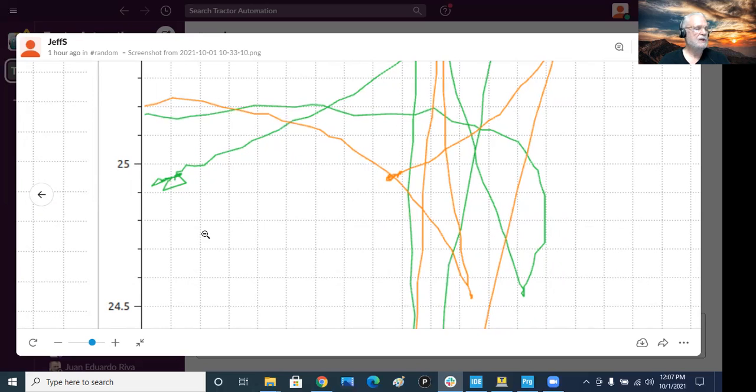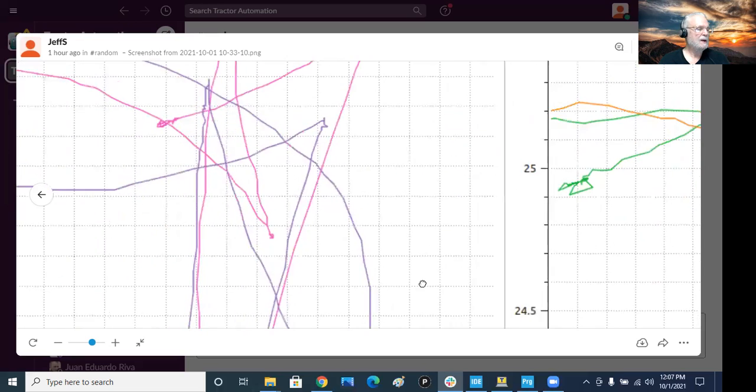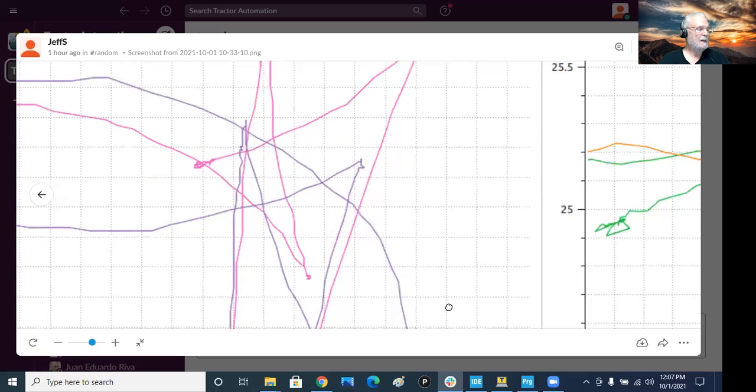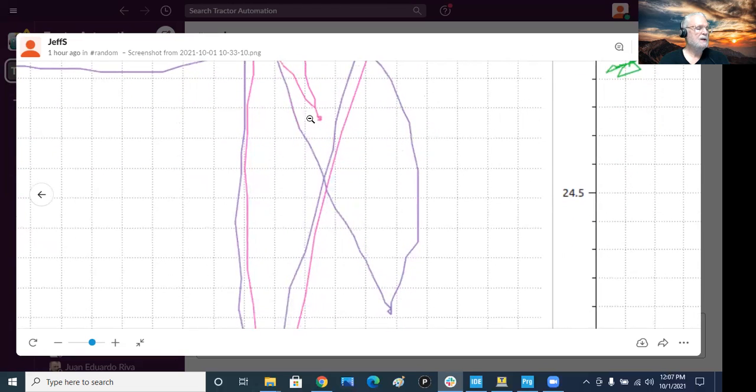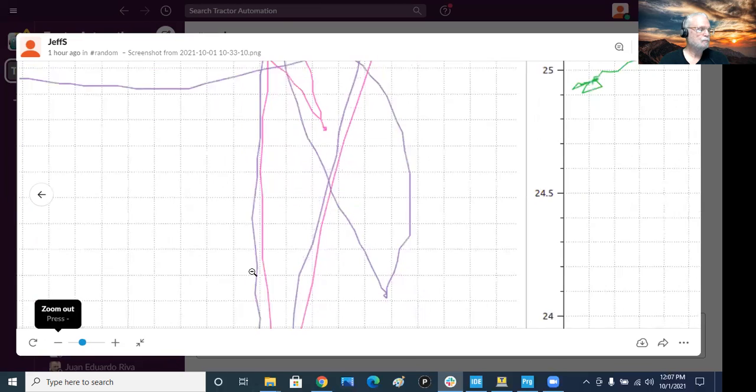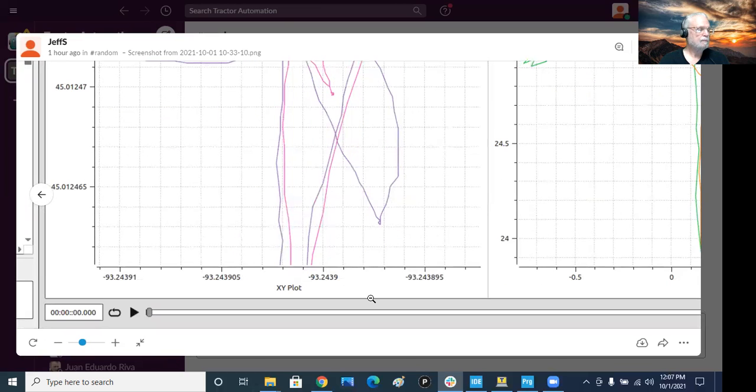As I was writing this up, I realized that offset is the same as the X offset between this point and this point on this graph. I simply moved these two to the same vertical point, but the X offset is still off. So I've still got a problem there. And here, let me look at another one.